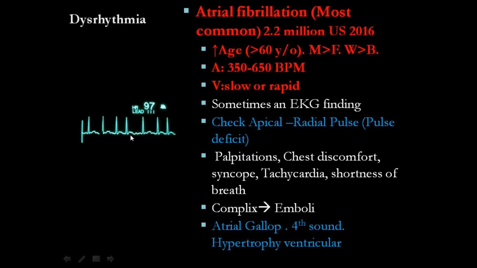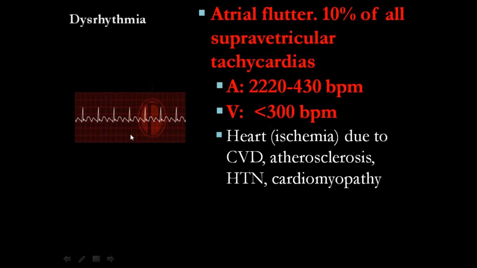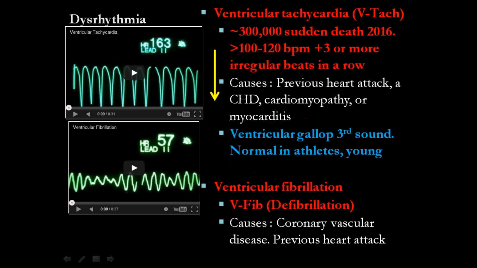You cannot define the P wave very well here. But look at what happens with the flutter. The flutter has big P waves in this range. Sorry, it's 220 BPM, not 2000. It's 220 beats per minute up to 430 beats per minute. And the ventricular rate is less than 300.